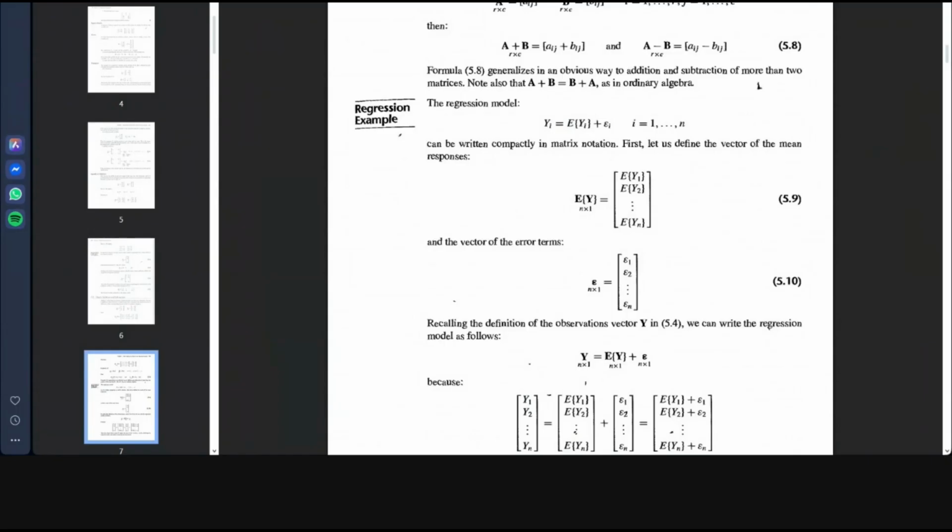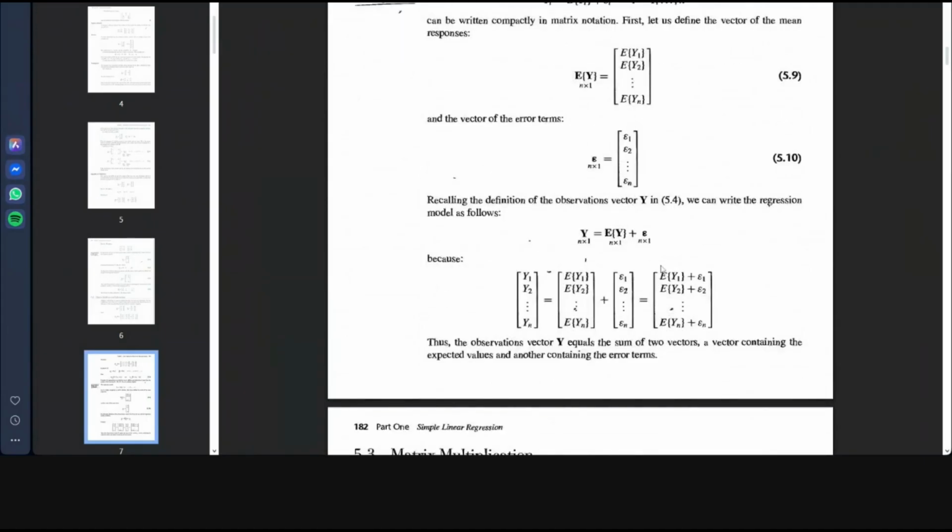So the mean of a vector is what you would think it would mean. It's just the expected values of each individual random variable stacked up like that. So you can write any statistical model actually, especially a linear model, as y equals EY plus epsilon.